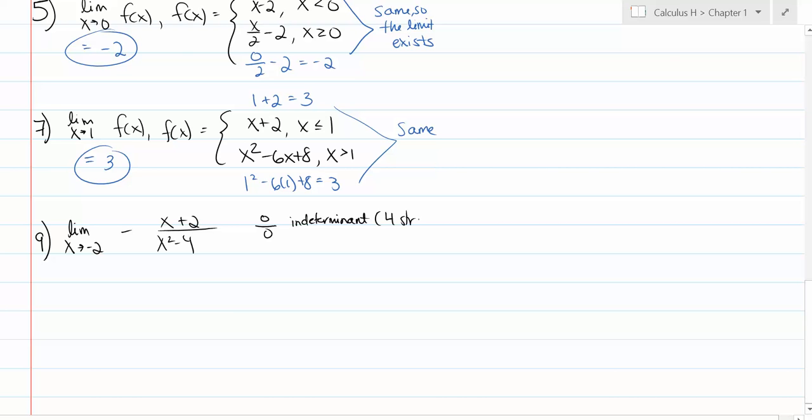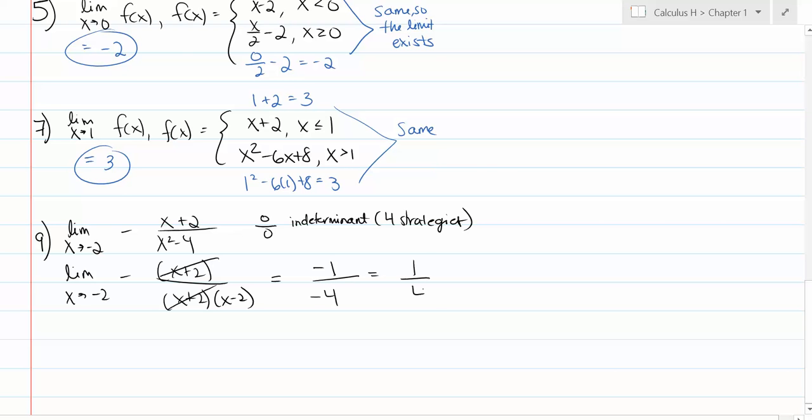In this case, I can use factor and cancel. So I'm going to rewrite this. The top will stay the same. The bottom factors to x plus 2 times x minus 2. I factor and cancel, and notice now I can plug in negative 2. I get negative 1 over negative 4, which is just going to equal 1/4. Alright, so you try working on the rest of them, and let me know if you have any questions.